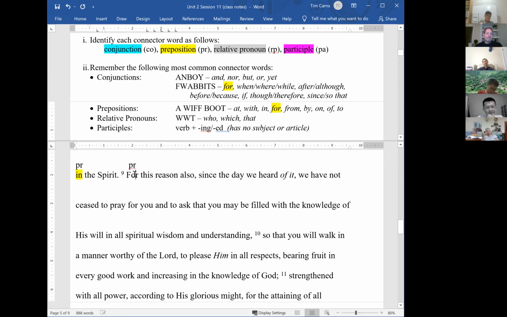Because reason is a noun. So literally, we have not ceased to pray for you for this reason. So for is actually acting like a preposition here.